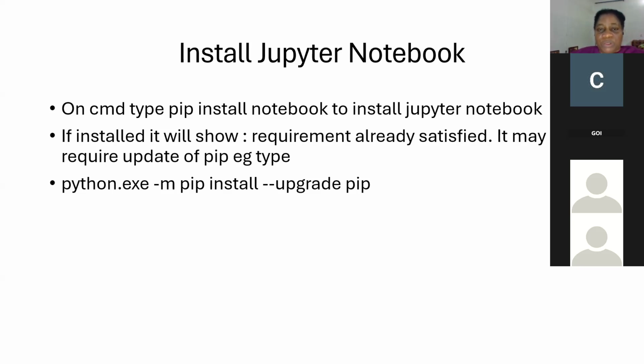So in CMD, pip install notebook. It will install your Jupyter Notebook. For me, I have this already installed, so it will simply return that requirement already satisfied, showing that what I'm trying to install is already contained in the system. You can upgrade your pip if you want, but it's not important.